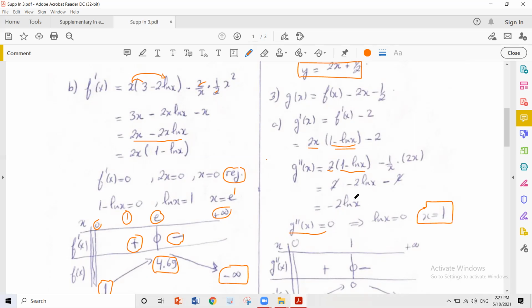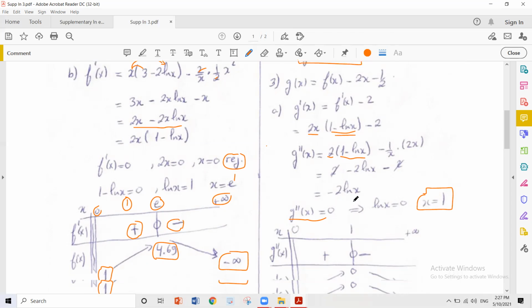Second derivative is 0. ln x انتبه مش positive على طول.